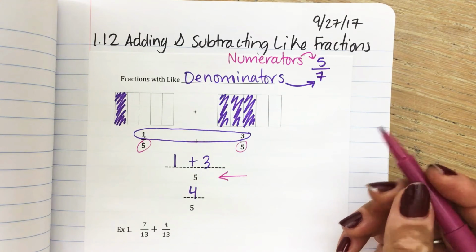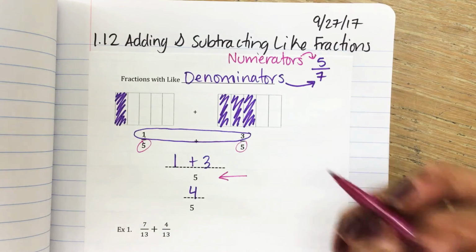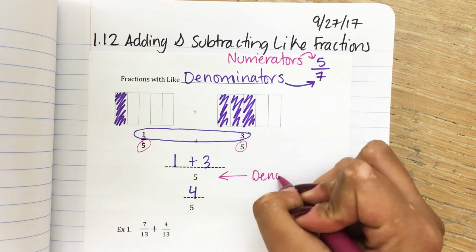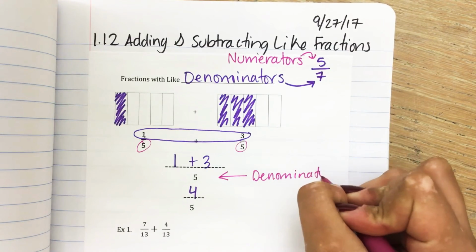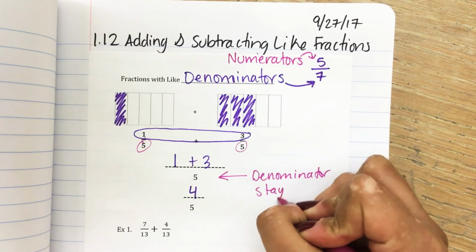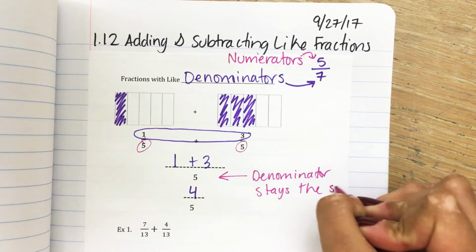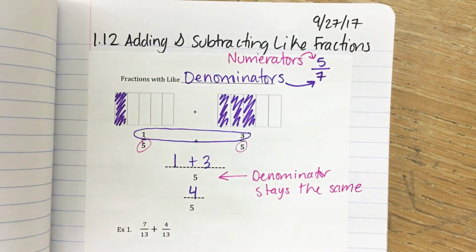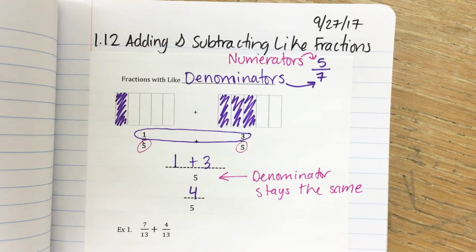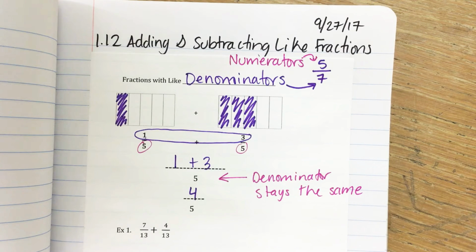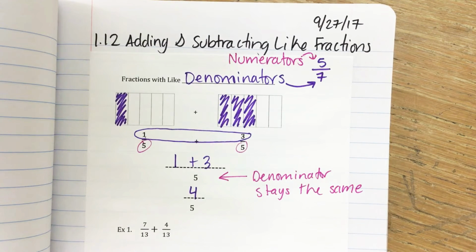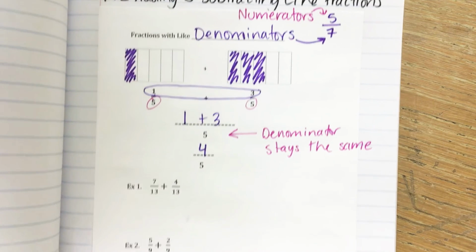The denominator stays the same. You're not required to draw this out for your homework or for your quiz. It was just for our understanding of what it means to add fractions.